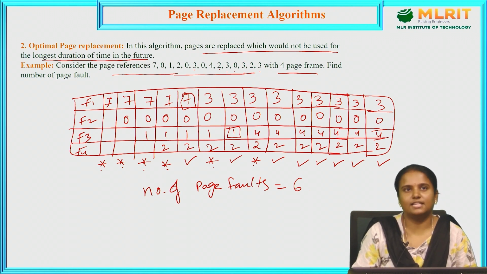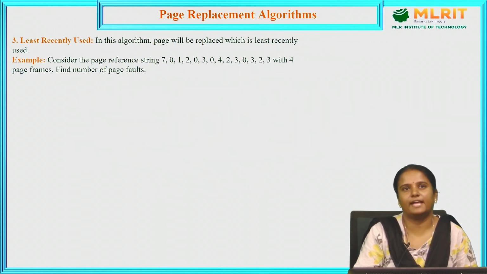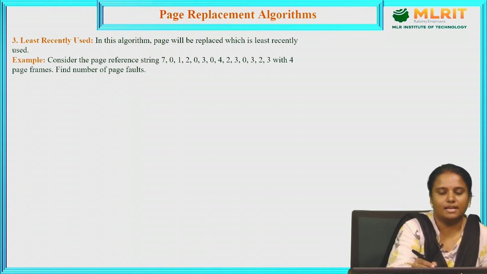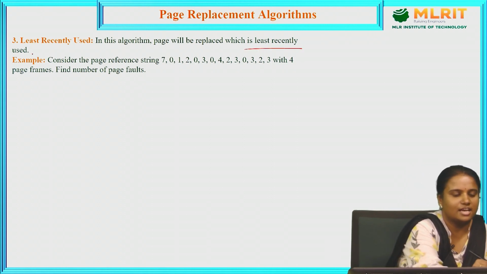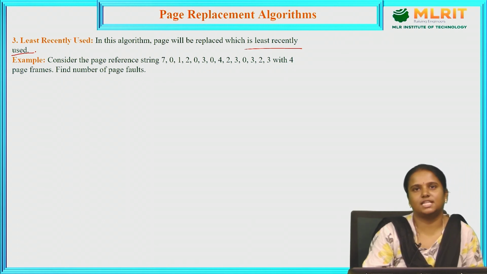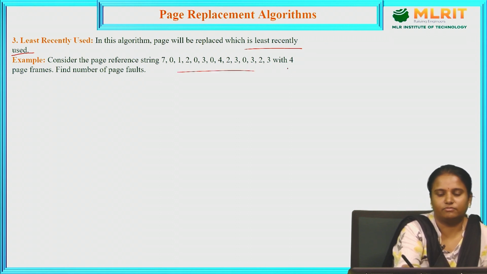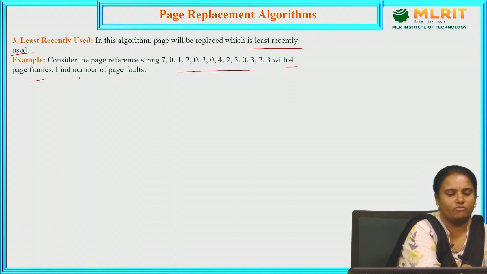So next, least recently used page replacement algorithm. In this algorithm, the page which is least recently used will be replaced. So the page which is least recently used should be removed. Consider the following reference string with 4 frames and calculate the number of page faults.